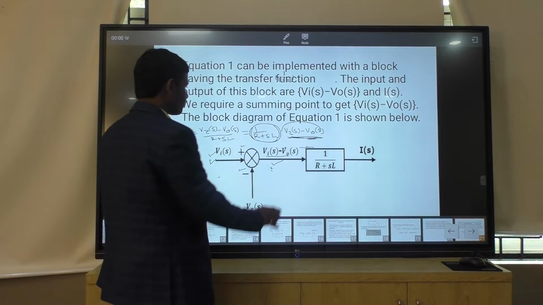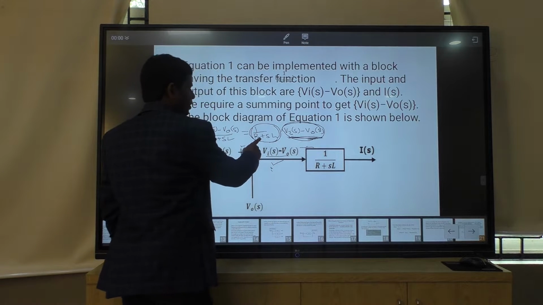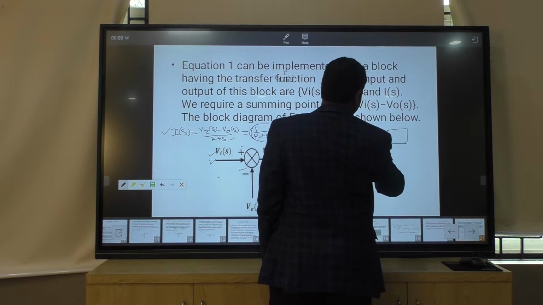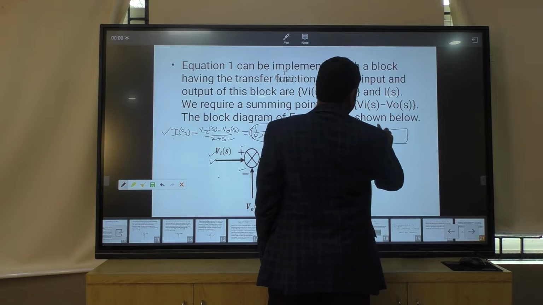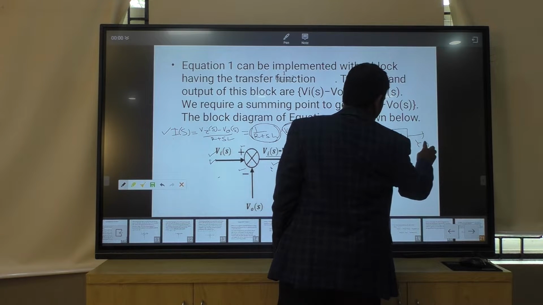So what happens here? This signal is multiplied with a transfer function value. As I told you, if the input is XS and the block is GS, what is the output?